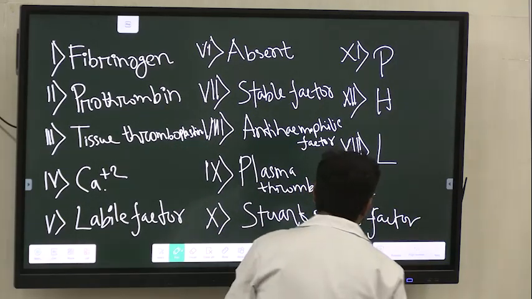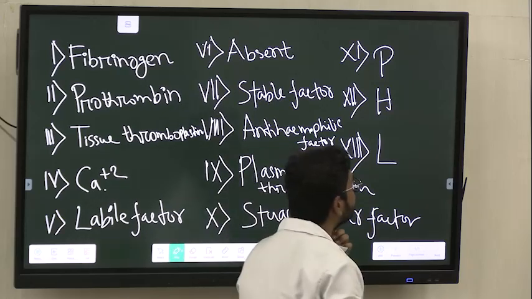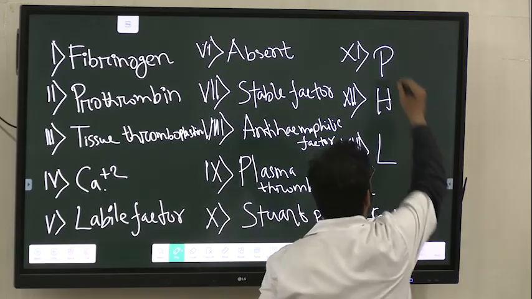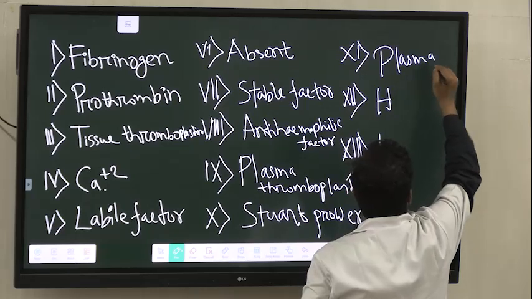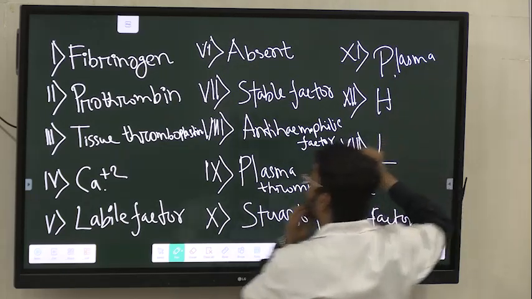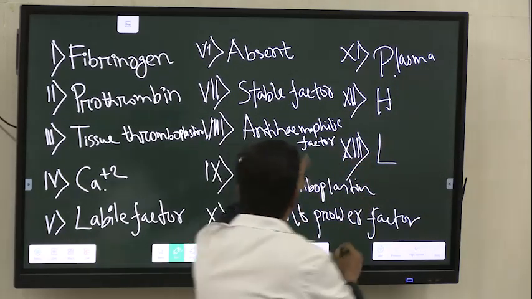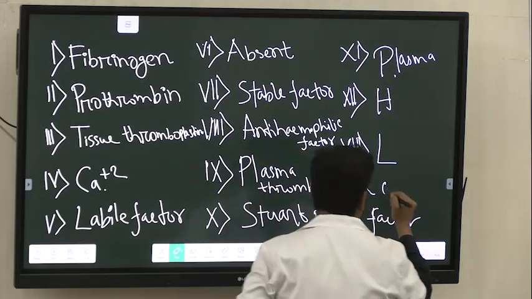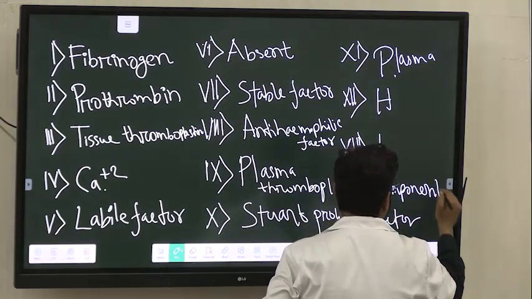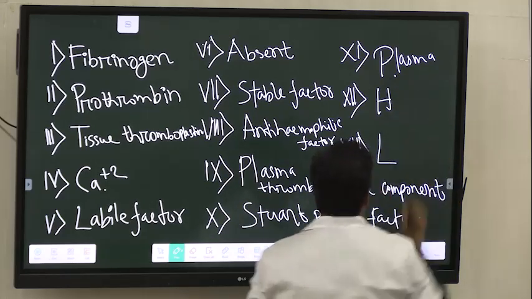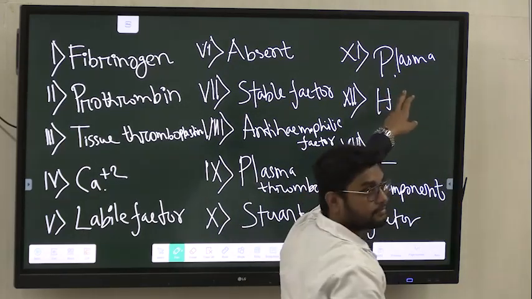And the 11 one is P, plasma thromboplastin antecedent, PTA.